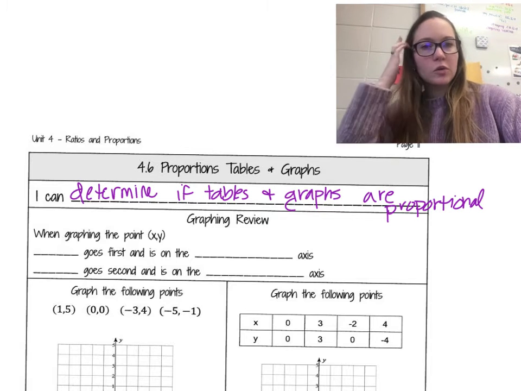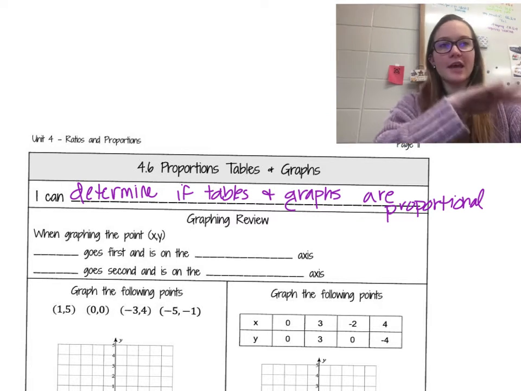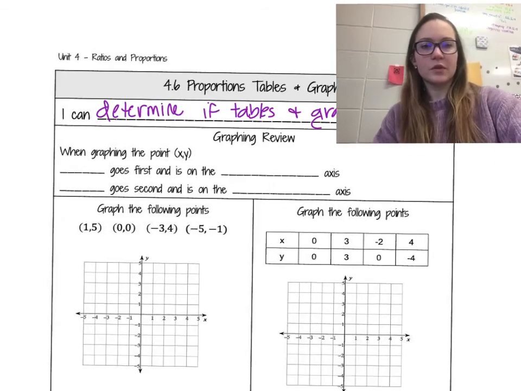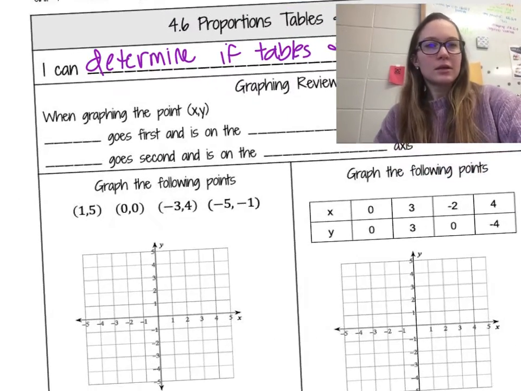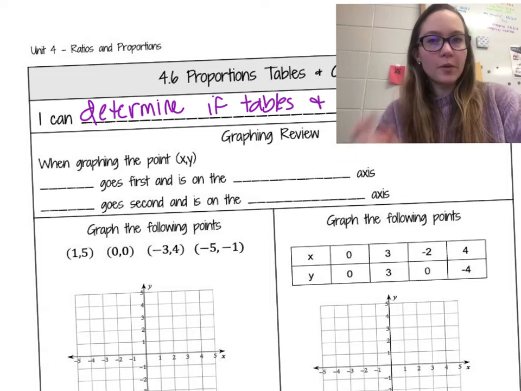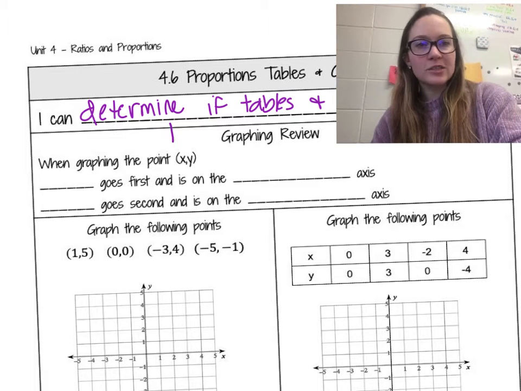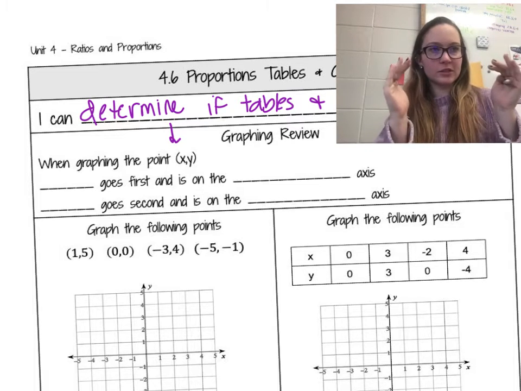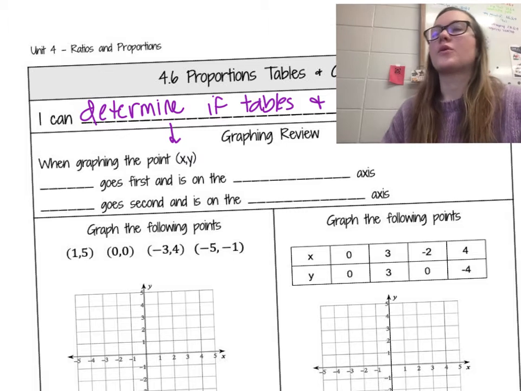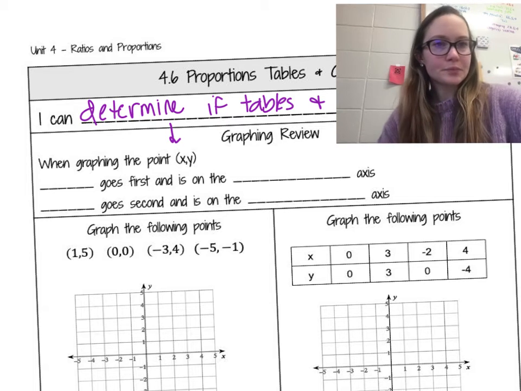Okay, so when you are graphing on an XY plane, one of these guys, our point is labeled XY. So that's called a coordinate pair or a coordinate point, something like that.